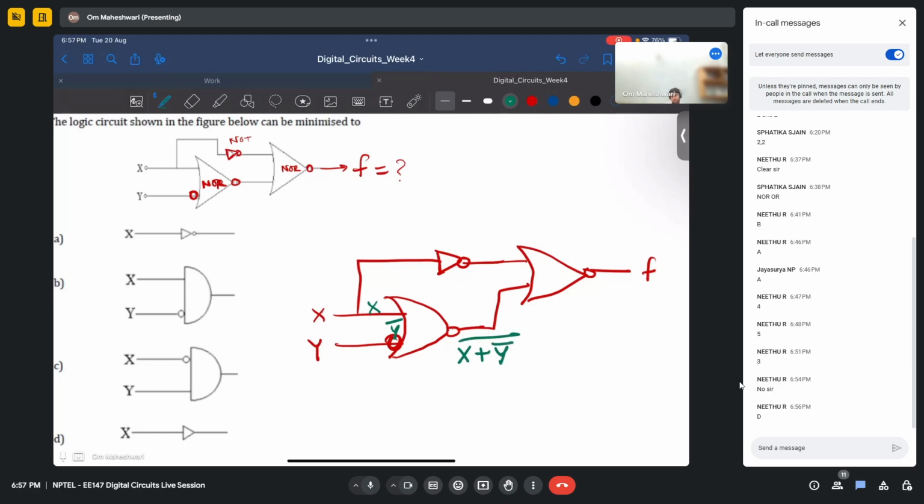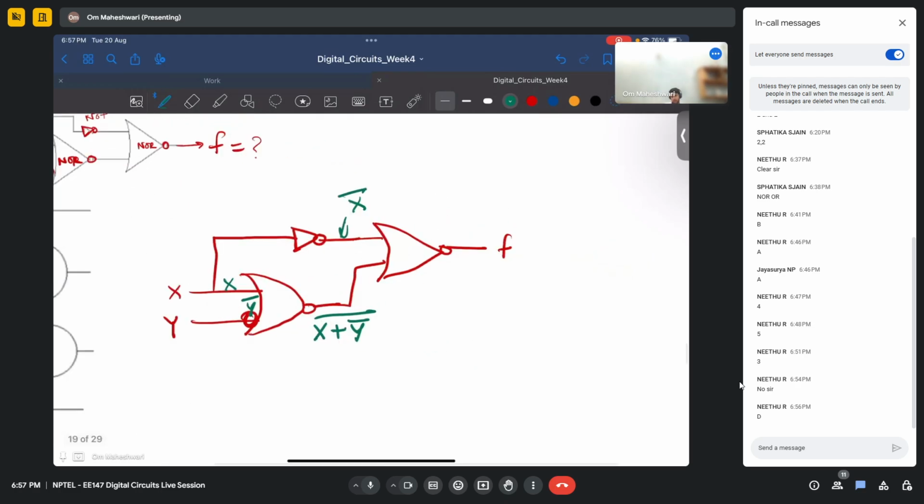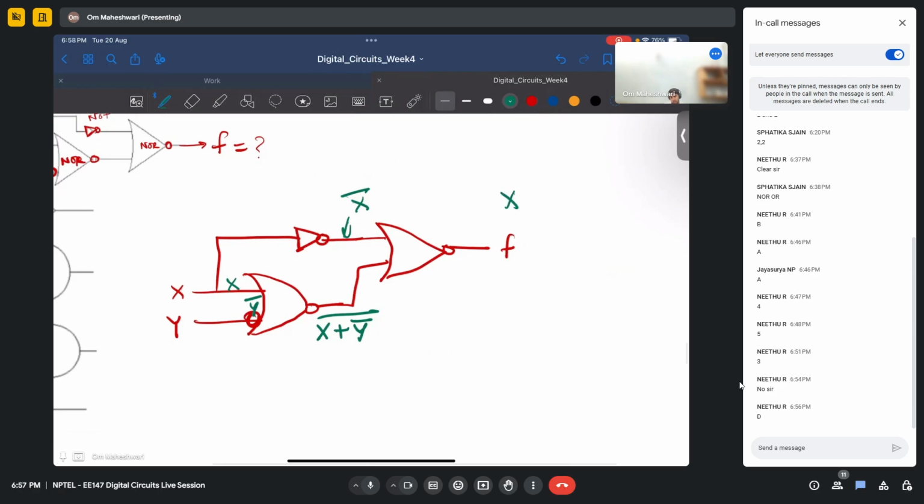Here it is X bar and again NOR here. So it will be X plus Y bar and whole bar. This is the NOR operation.